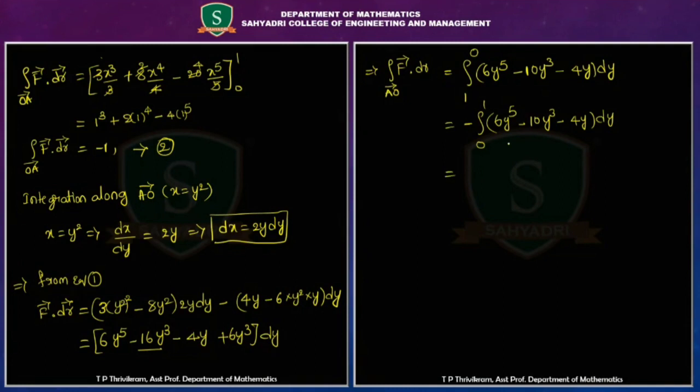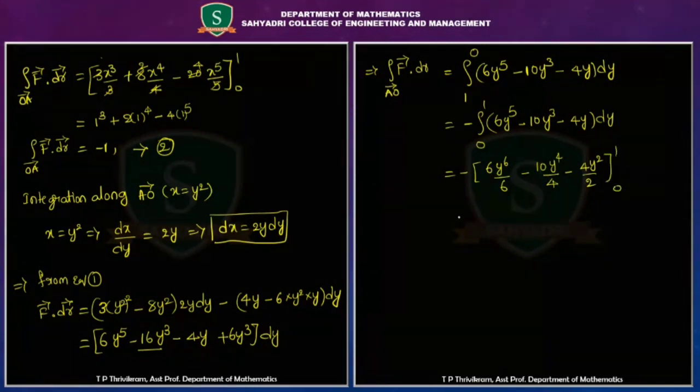So whenever you multiply with minus, the limits get interchanged. Okay, so how much will we get? Minus of integration of this: 6 into y power 6 by 6 minus 10y power 4 by 4 minus 4y square by 2. Limits are from 0 to 1.